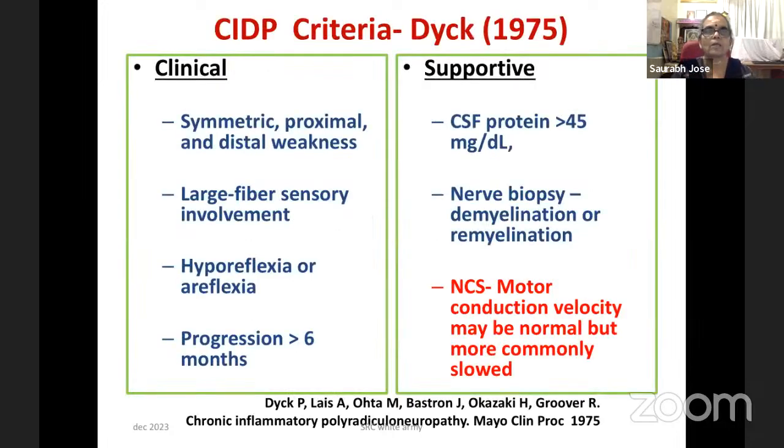Then you have clinical criteria: symmetrical proximal and distal weakness, large fiber sensory involvement, hyporeflexia or areflexia, progression over more than 6 months. Whereas CSF contains elevated protein, nerve biopsy will show demyelination and remyelination, and conduction velocity may be normal or slowed.